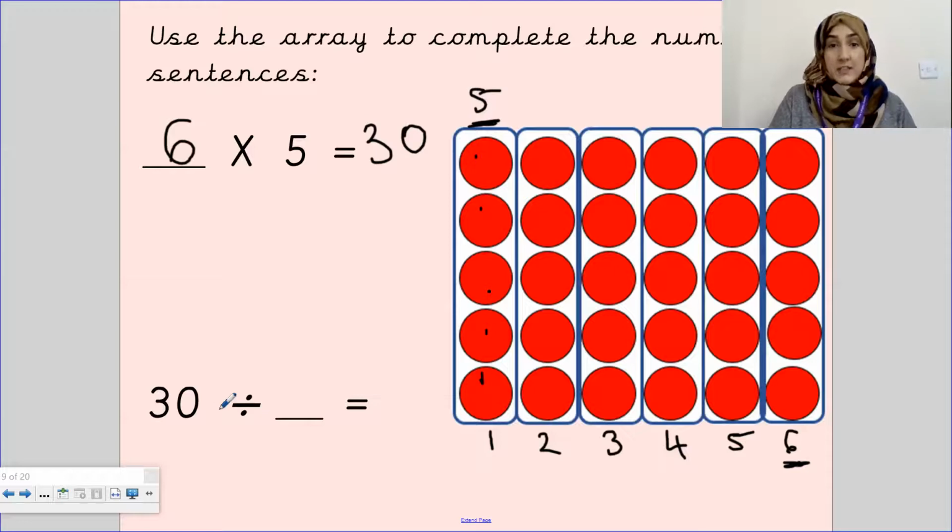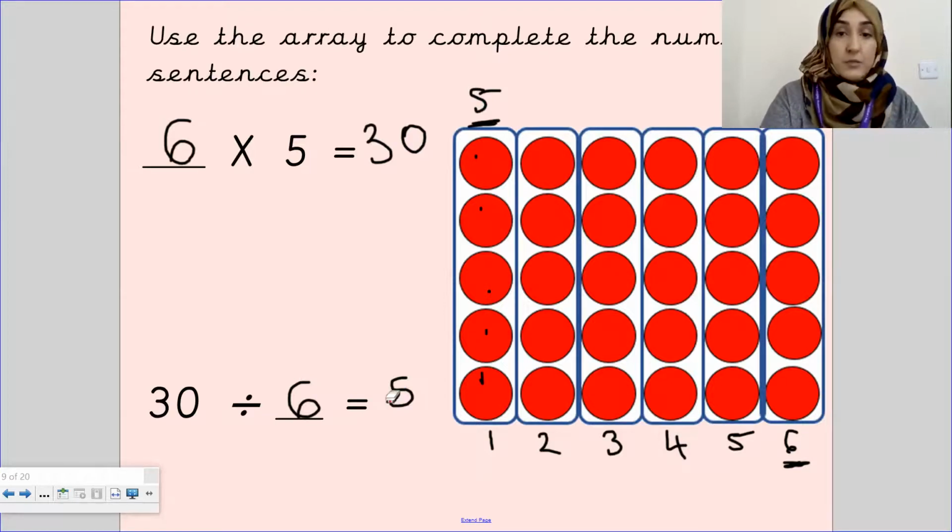Now, the division sentence that I would use is 30 counters divided into 6 equal groups, because there is 1, 2, 3, 4, 5, 6 equal groups, equals 5 counters in each group. Can you see the relationship between the two?